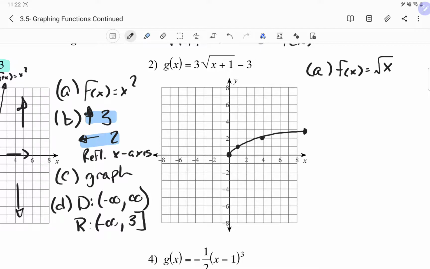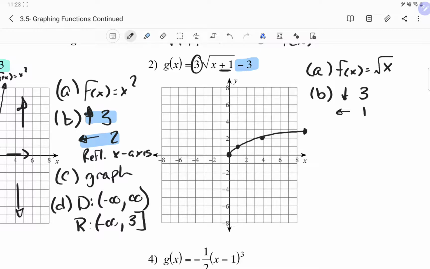All right, so let's look at the transformations now, right? So again, I want to focus on the outside first, okay? So focusing on the outside, it's going to shift downward 3 units. This tells us to shift to the left 1 unit. And then this is our compression or stretch, okay?